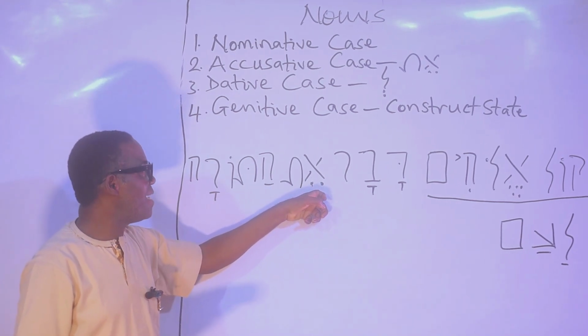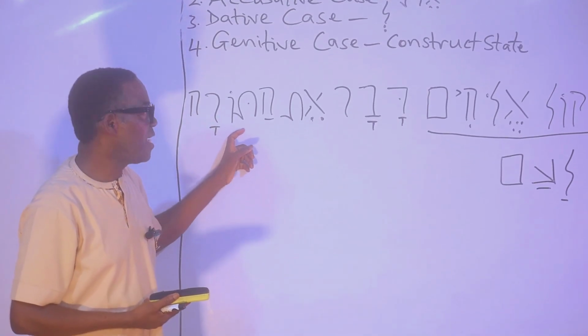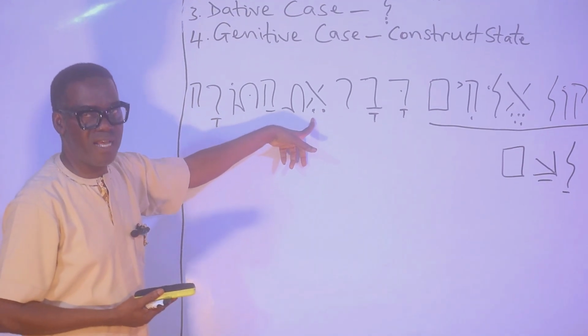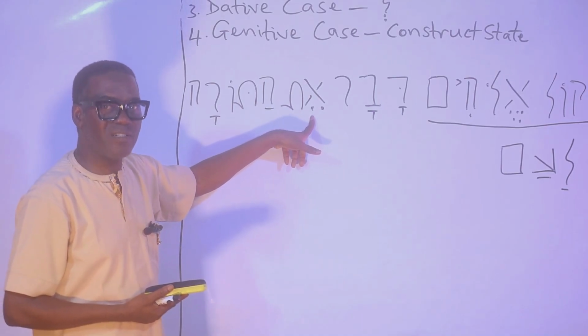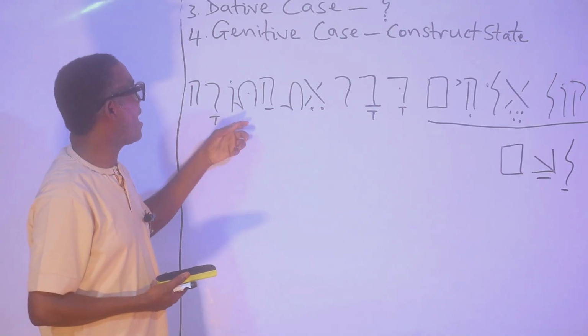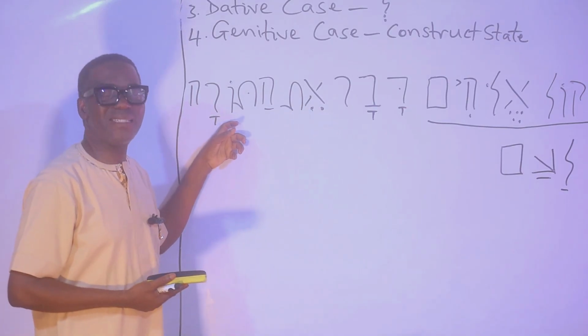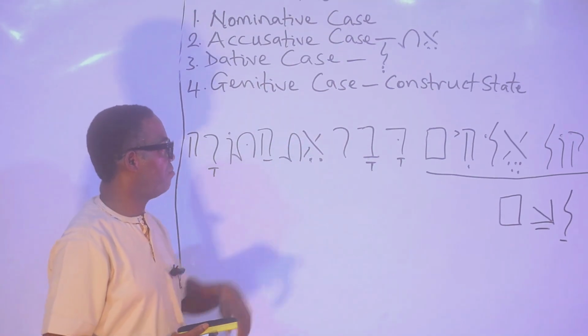So the object marker indicates that the next word is the direct object. And the object marker is not translated at all. Now, after this object marker, we have HaTorah, which means the law. The law is the accusative.